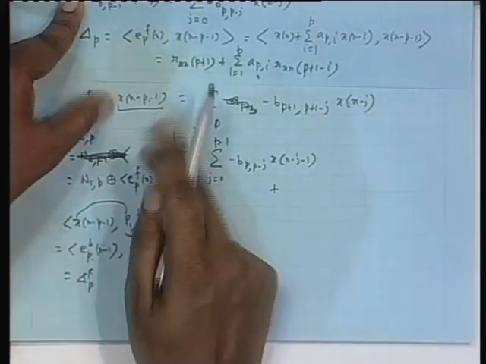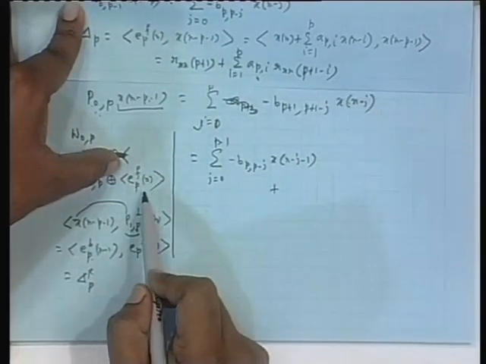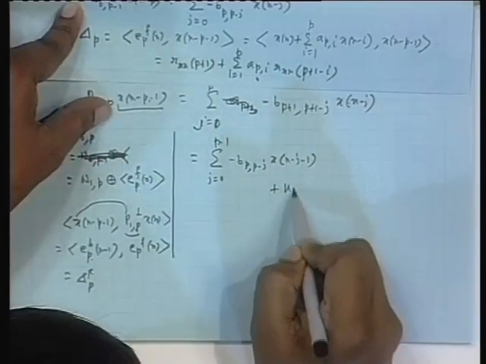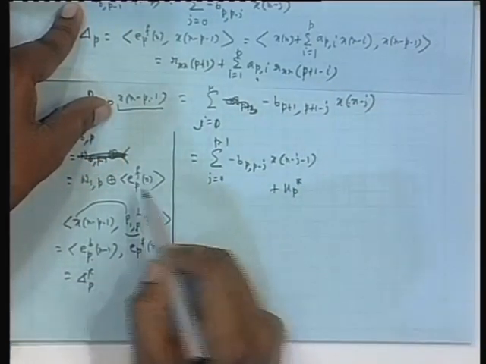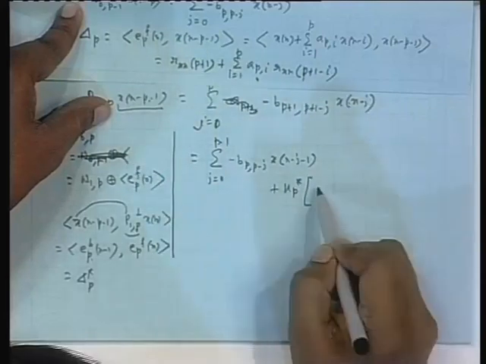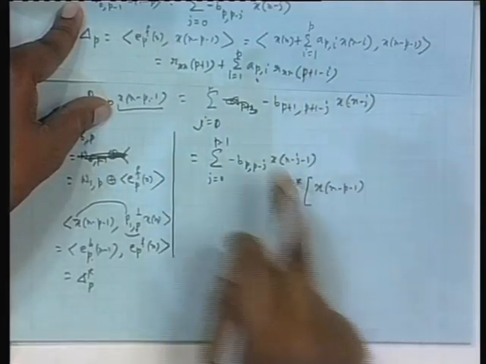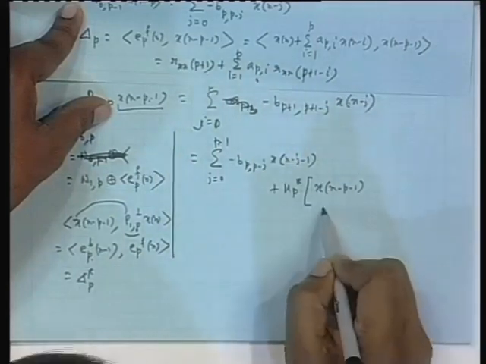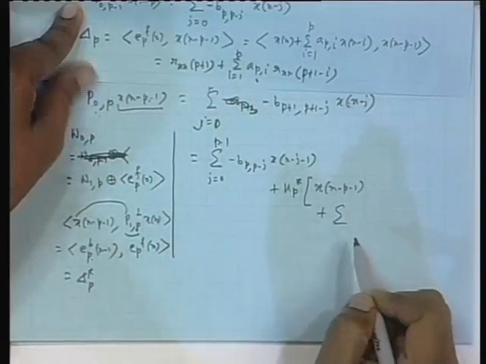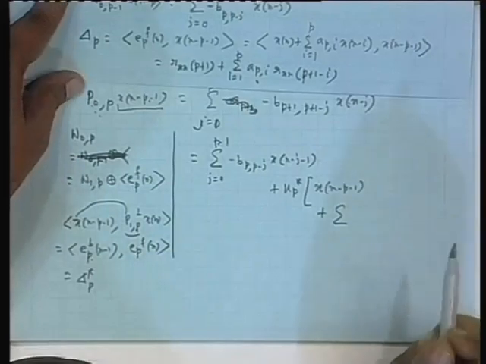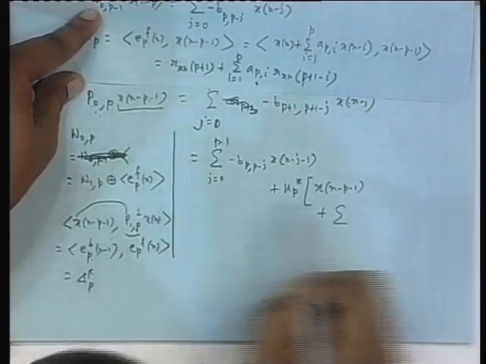So, this overall projection is projection here plus k p star times this quantity, and this quantity is what? Original quantity minus, and there is a minus sign here with the coefficient, so it becomes plus. What is this quantity?